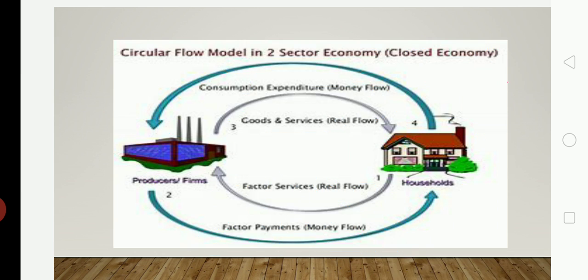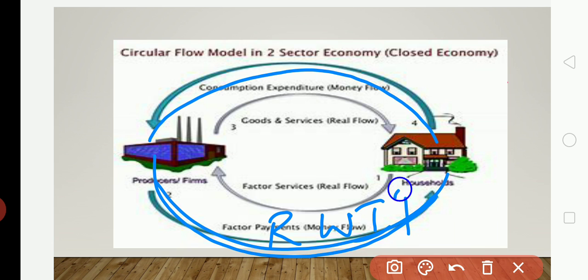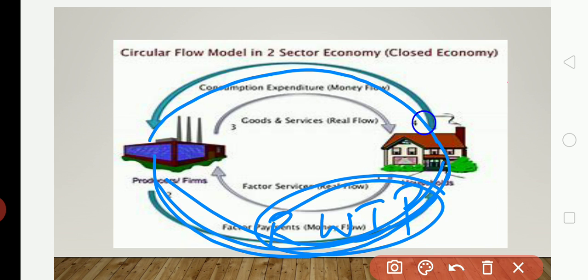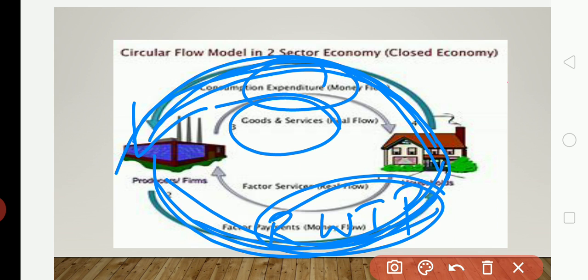So the income is flowing from one sector to the other. The household spends that money on the firm to get the goods and services. So the income flows from the household to the firm, and from the firm to the household. This is the circular flow of income.